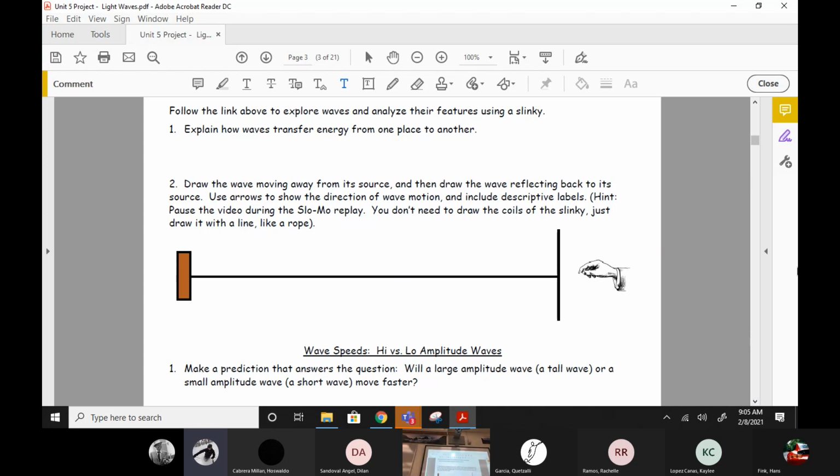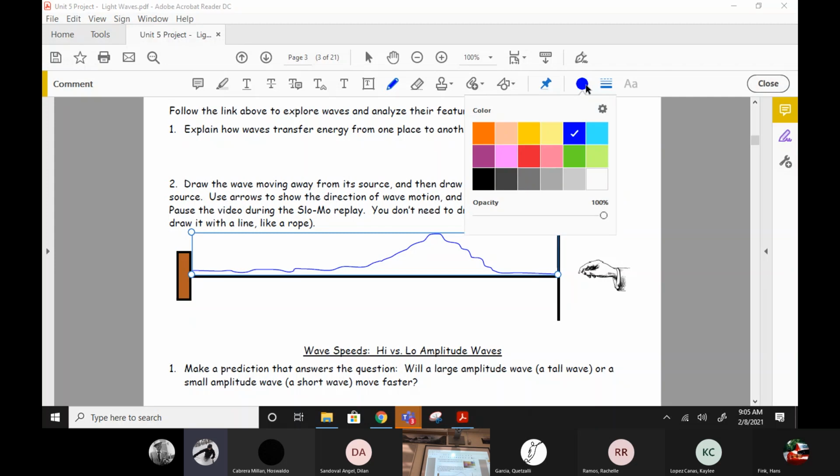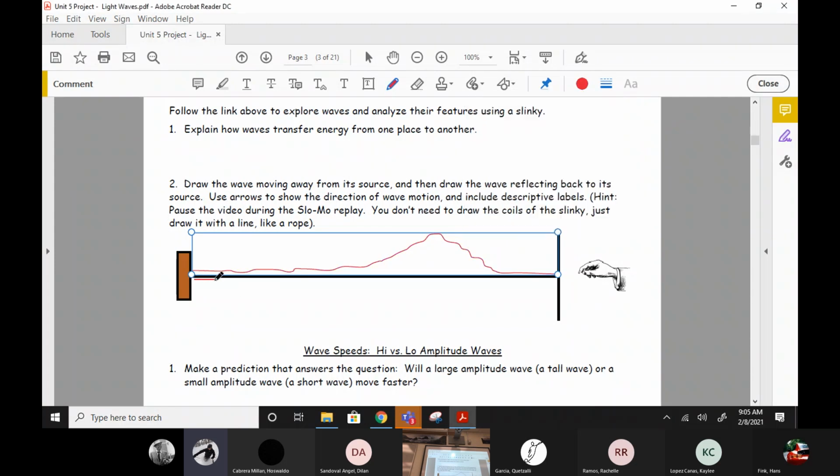So I'm hoping that when you drew this, you did something like, I don't know, you showed the Slinky with a wave in it. It's not easy, is it, to draw with this thing? And then it hit the other side, right? And I'm going to change color here. You don't have to, I suppose. But then when it came back, oh, it changed both of them. Darn it, I didn't want that to happen. Let's see if I do this.